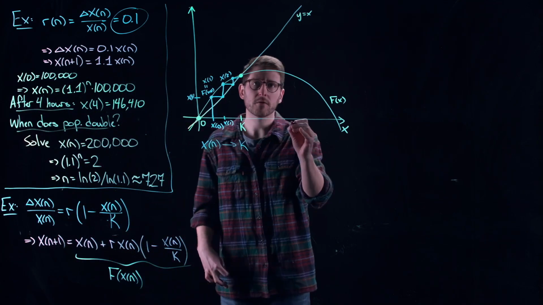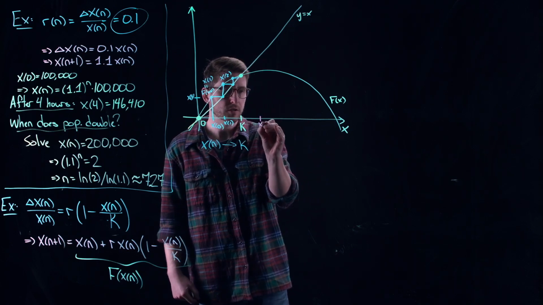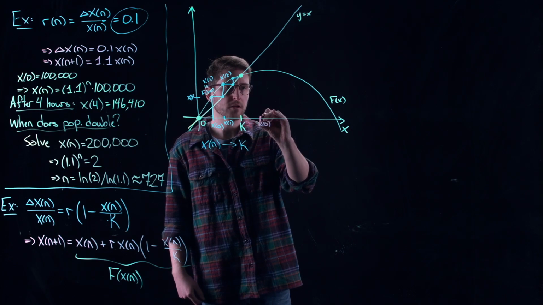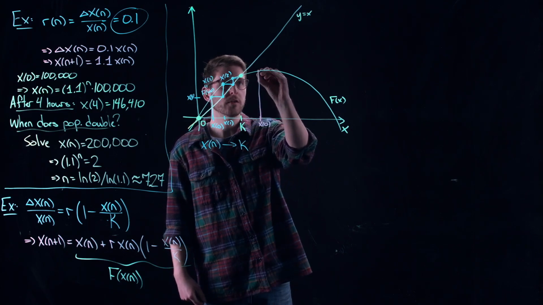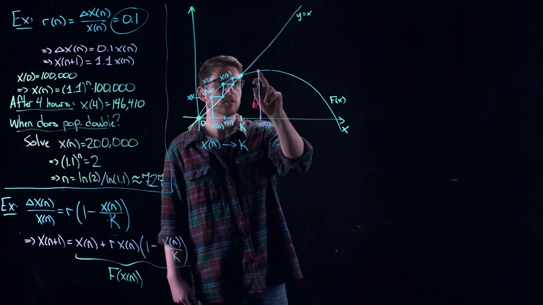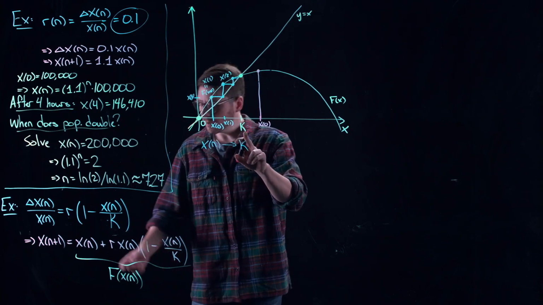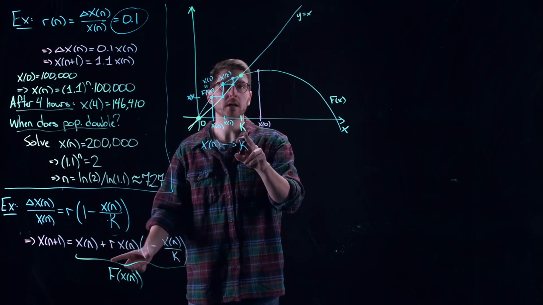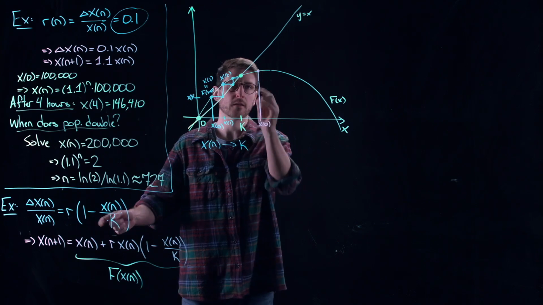You could do the same thing over here if you wanted. So maybe you start with too much of a population. Well, then you trace yourself up to your curve. This is your next iterate. Then your model says, okay, you're above the carrying capacity, you want to decrease. Your growth rate is negative now.